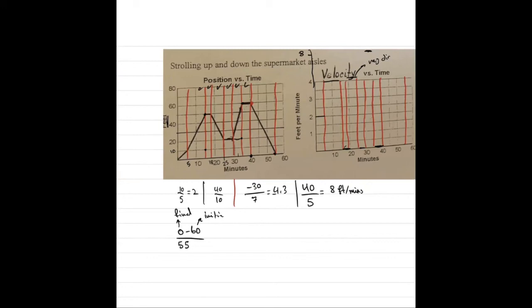So 55 minus 40. That's final. And this is initial. And that should give us negative 60 over 15. And that should give us negative 4 feet per minute. So we're going to represent it. You can put it right here, indicate that it's negative direction, or extend the graph.